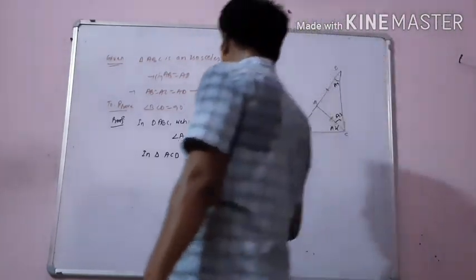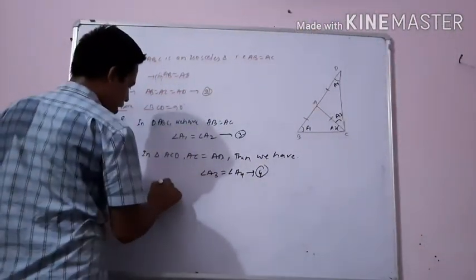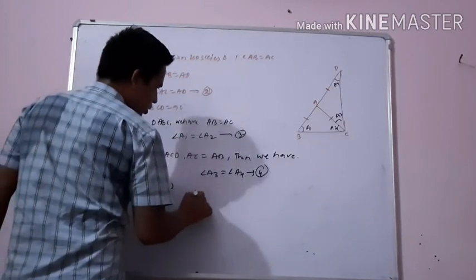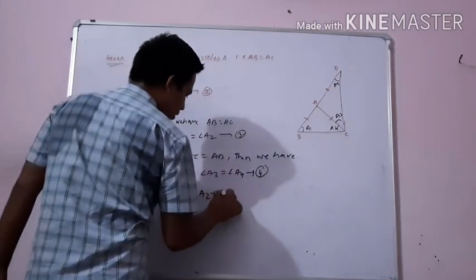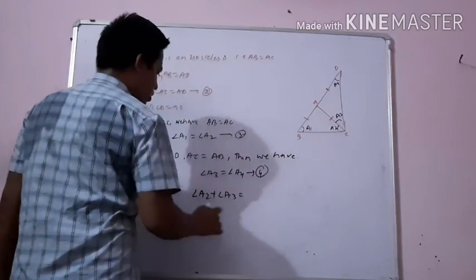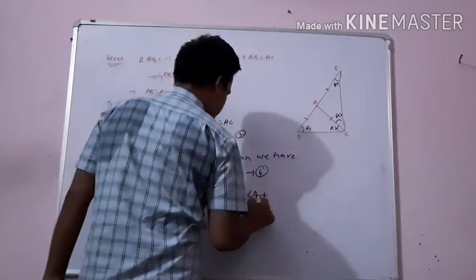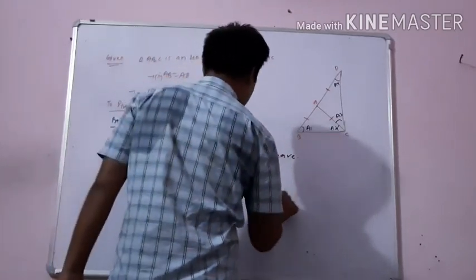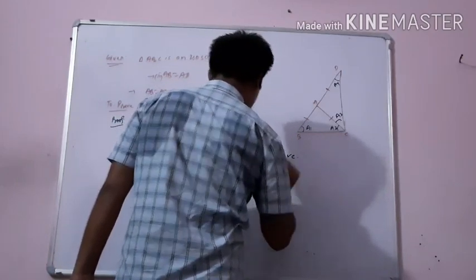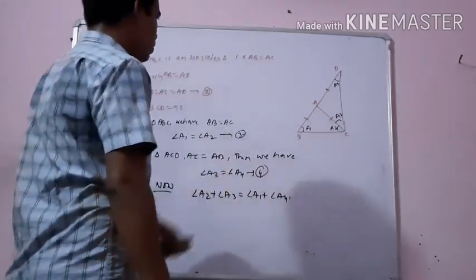Now A2 plus A3, now add. A2 plus A3 will be equal to angle A1 plus angle A4. Now what is angle A2?